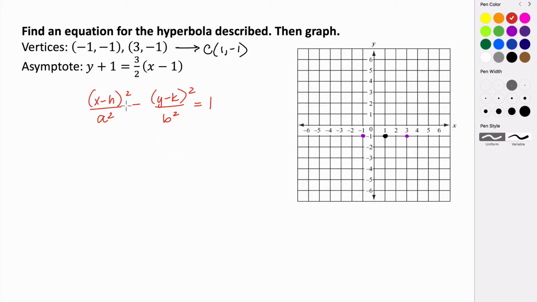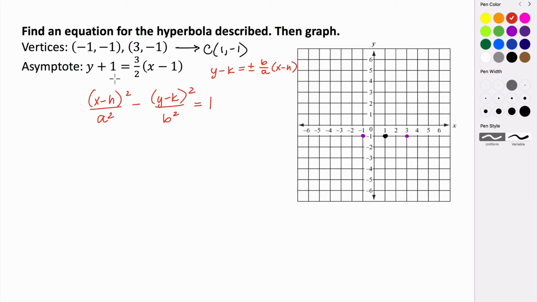Because this is a horizontal hyperbola, we know that the asymptotes are going to have the equation y minus k equals plus or minus b divided by a times (x minus h). So we could have actually found the center from our asymptotes as well, because (1, -1) would have come from that.